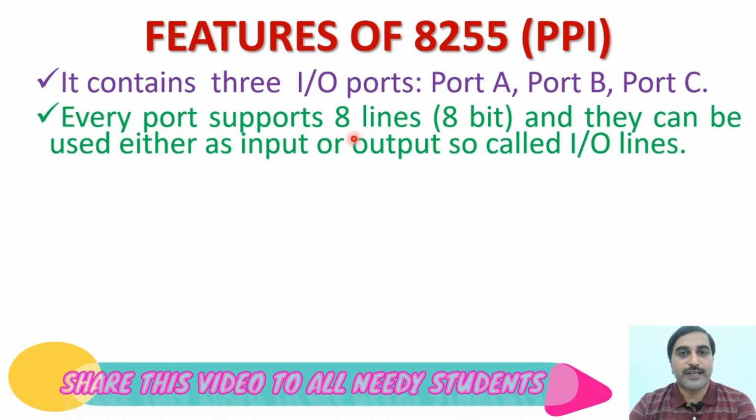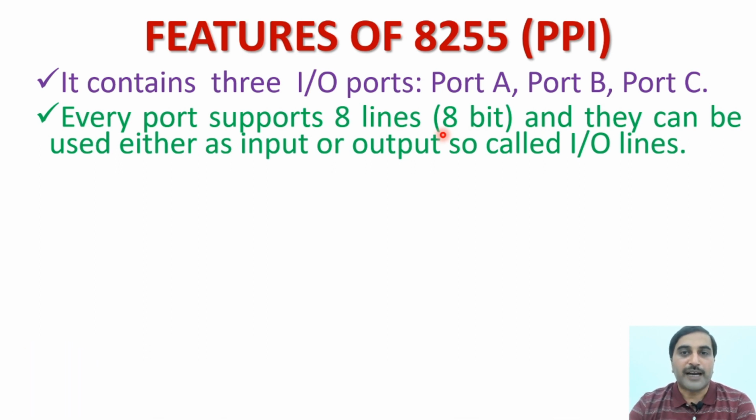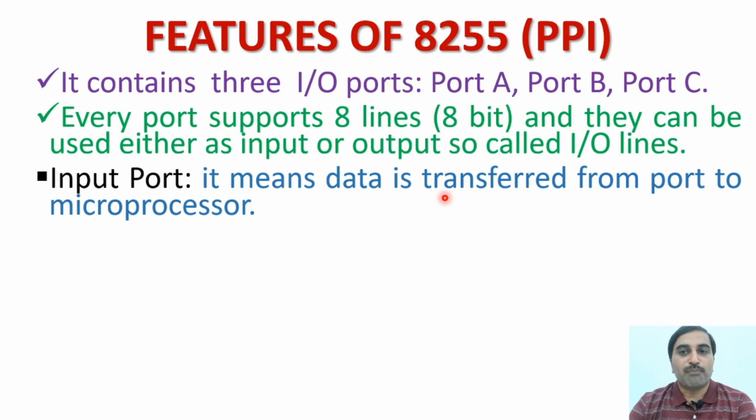Every port supports 8 lines, and through these 8 lines 8 bits may be transferred either from the microprocessor to the port or from the port to the microprocessor, and these lines can be used either as input or as output. So these lines are called input-output lines. On the behavior of these input-output lines, the ports may be categorized into 2 parts, that is, either an input port or an output port.